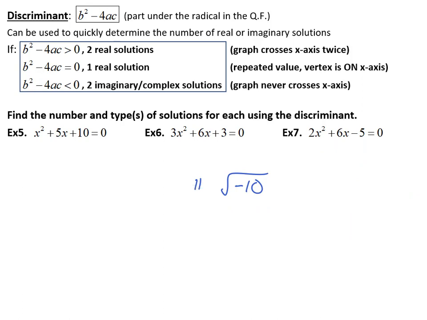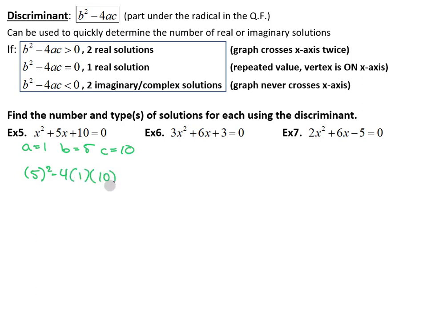So let's quickly try these. We're just doing the b squared minus 4ac to answer this question. Find the number and types of solutions for each using the discriminant. All we need to do is identify a, b, and c, and do our discriminant, b squared minus 4ac. So 5 squared minus 4 times a times c.